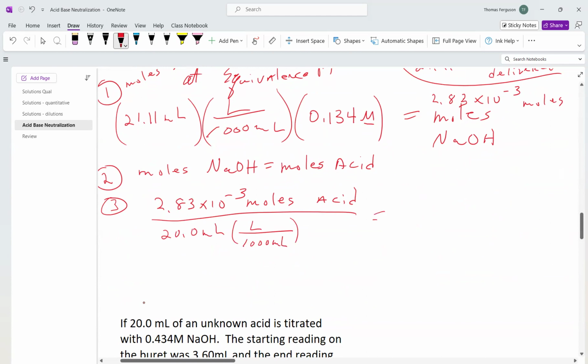So now we have moles per liter, the unknown acid concentration.